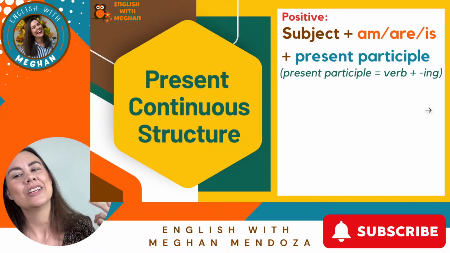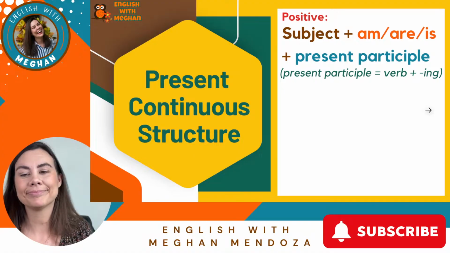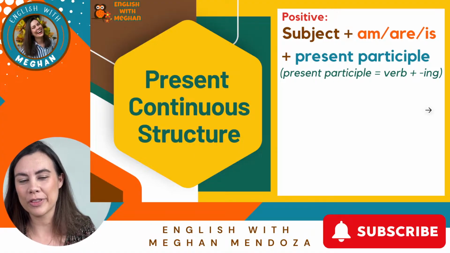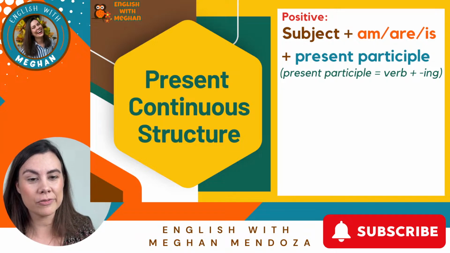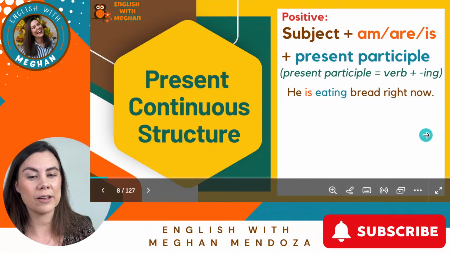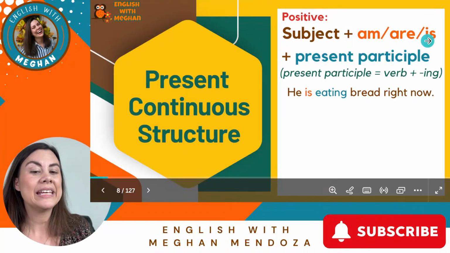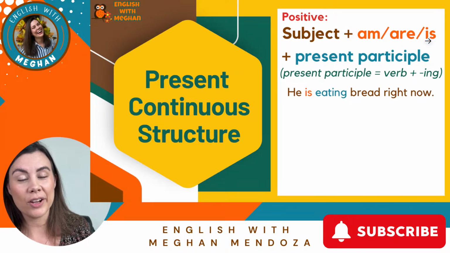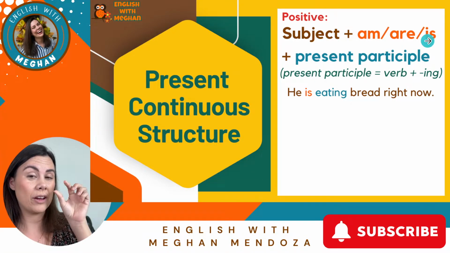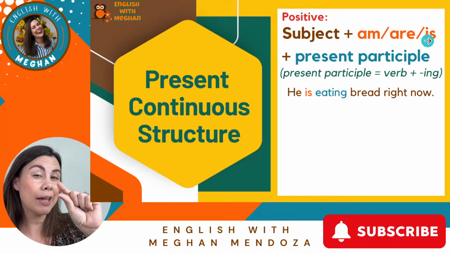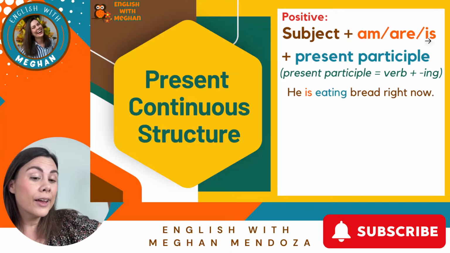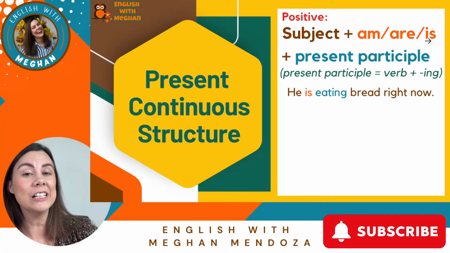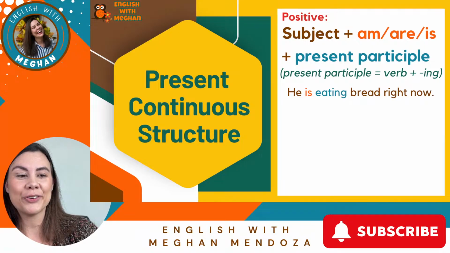Going, running, being, having, right? All of those wonderful things. So that's the present continuous in the positive form, okay? For example, he is eating bread right now. And notice we have right now, that's our time expression that says ding, ding, ding, you need to use present continuous, okay? And let's continue.